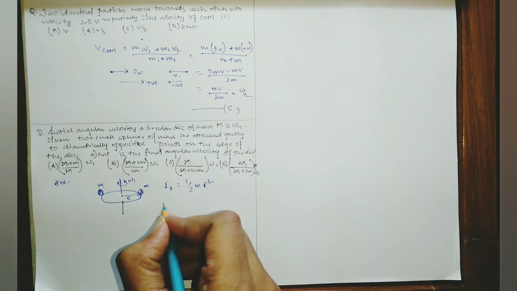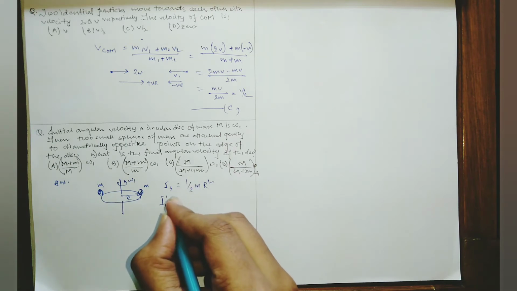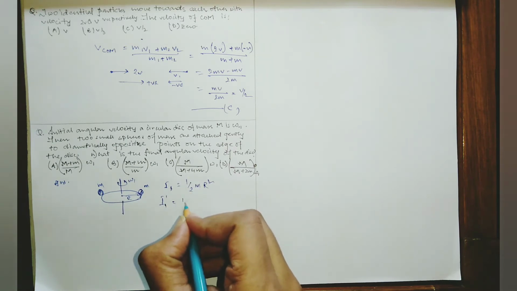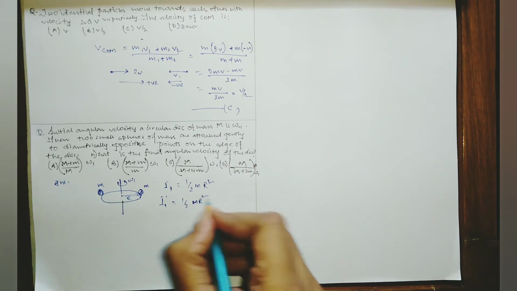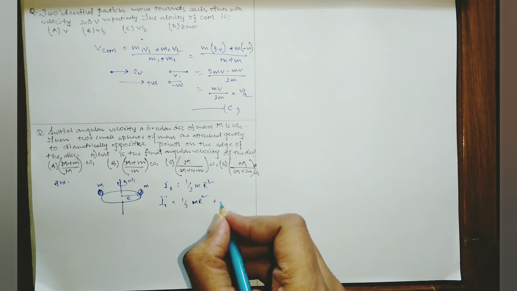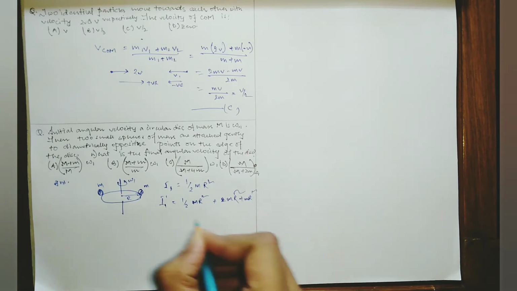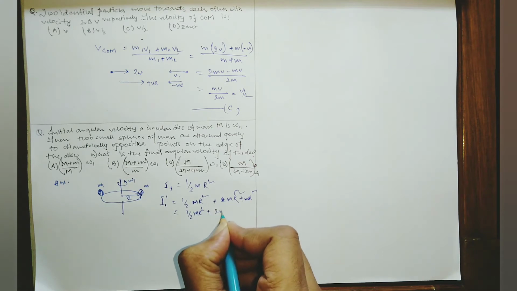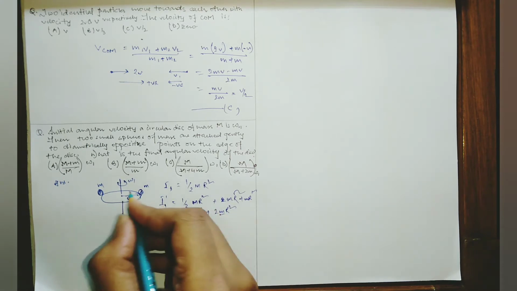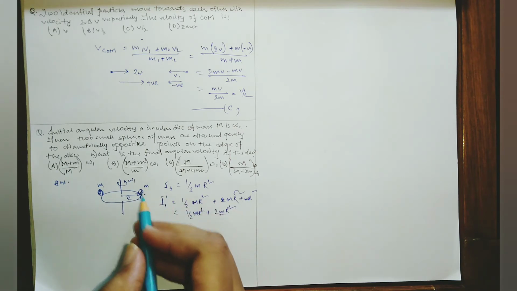So the new moment of inertia I dash is half of m r square, the disk's moment of inertia, plus the moment of inertia due to the two masses. This is m r square for this mass and m r square for this mass. So it's half of M r square plus 2m r square, where small m is the mass of the two balls or particles placed on diametrically opposite sides.